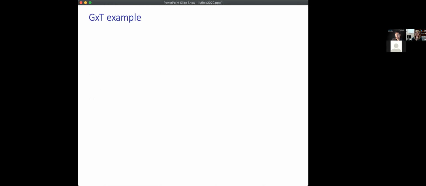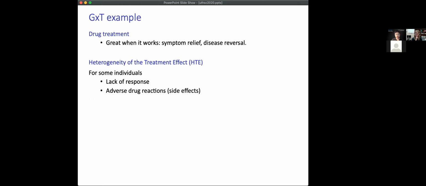As an example for G by T, because I think it's really useful to use concrete examples rather than talking about things in the abstract, let's think about drug treatment. Drug treatment is great when it works. You get symptom relief, disease reversal, but drugs affect different people differently.